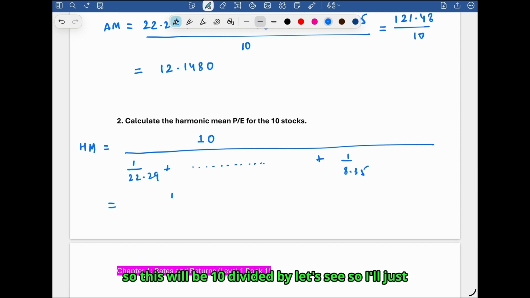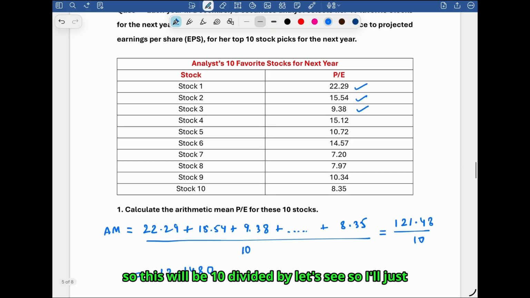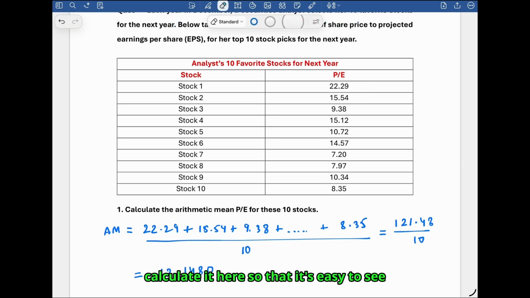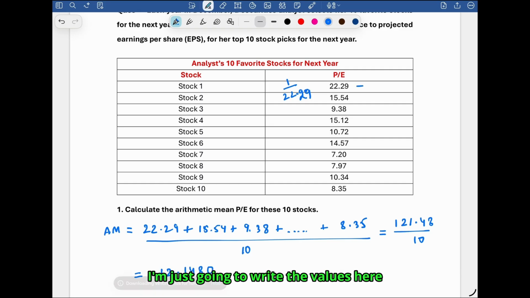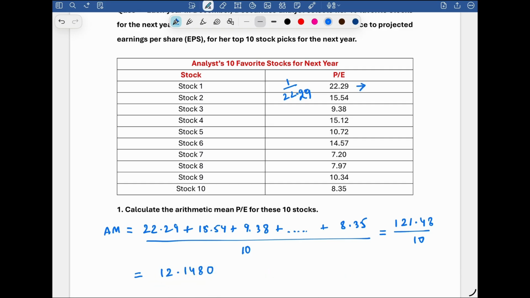So this will be 10 divided by, let's see. I'll just calculate it here so that it's easy to see. 1 divided by 22.29. Use your calculator. It is coming to be 0.0449.